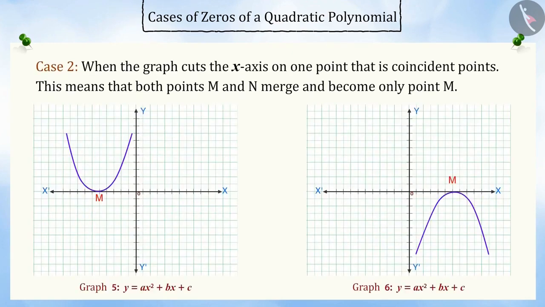Case 2. When the graph cuts the x-axis at one point, that is, coincident points. This means that both points m and n coincide and become only point m. This means that the x-coordinate of point m is the only zero of the quadratic polynomial ax square plus bx plus c.